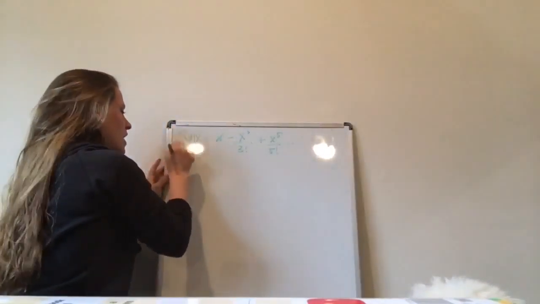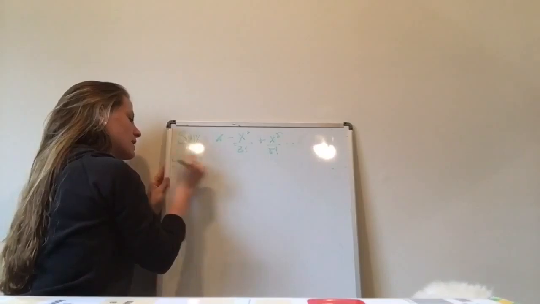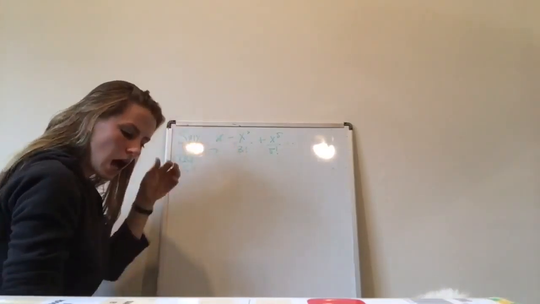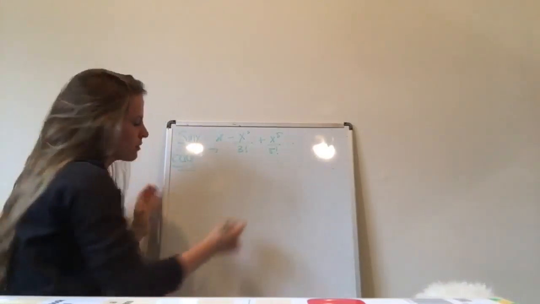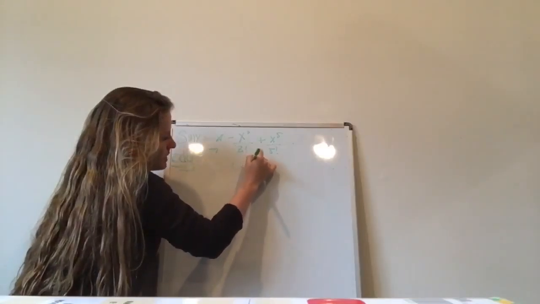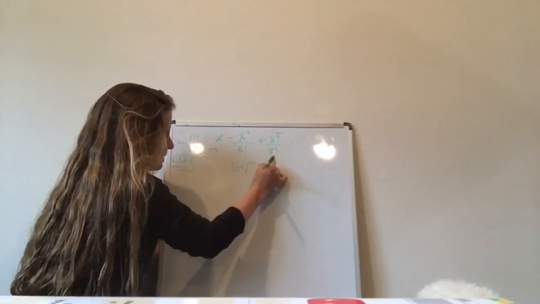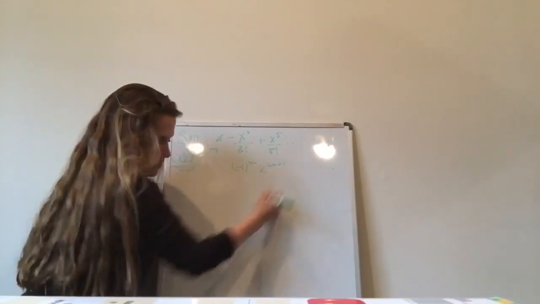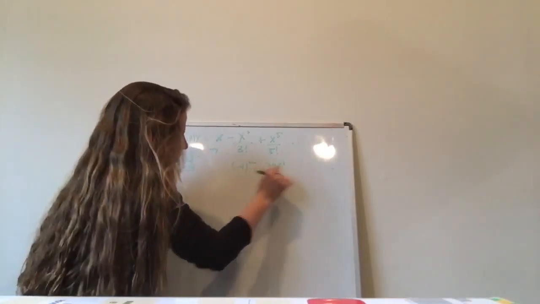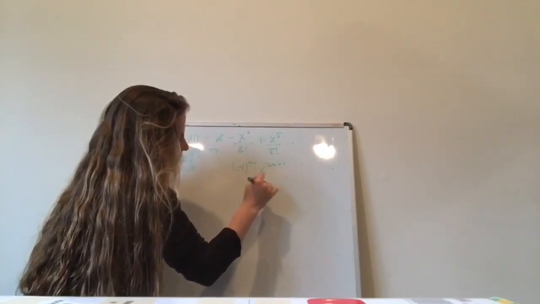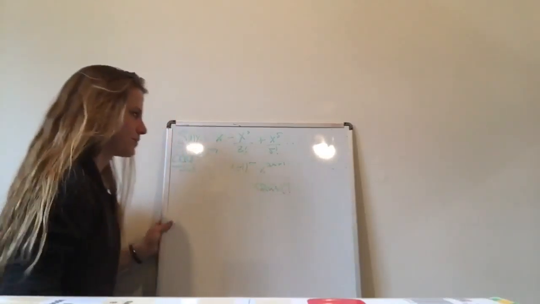You know that sines are the odd numbers. And so you know that your general form is just negative 1 to the n times x to the 2n plus 1 over 2n plus 1 factorial.